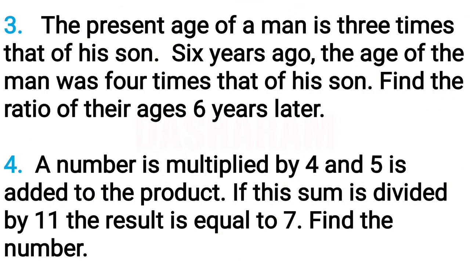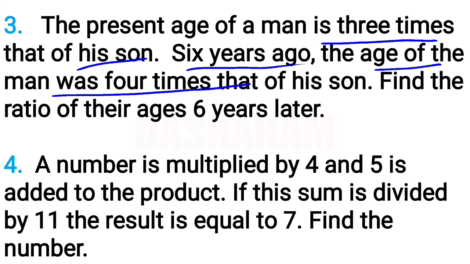Next, third question: the present age of a man is 3 times that of his son. 6 years ago, the age of the man was 4 times that of his son. Find the ratio of their ages 6 years later. First of all you should find the present ages of the man and son, then find their ages after 6 years, and after that find the ratio.